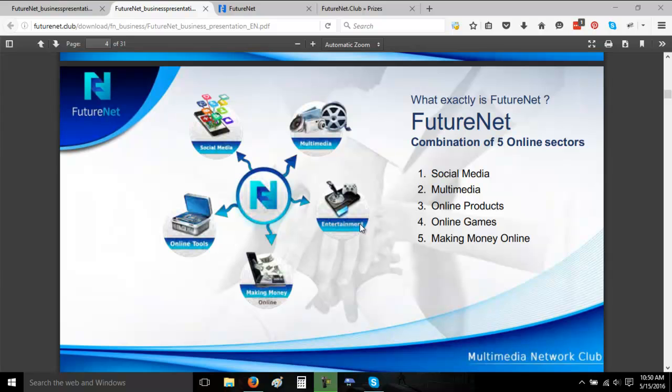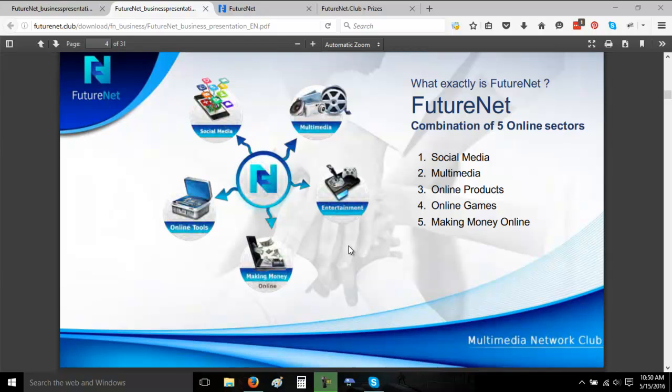They have an actual system for that too. There are several different products and services that they sell, and they use that money to pay its members. So that means it's actually a very stable company too, because it's not just paying its members from the advertising revenue that it makes, which can be a good amount of money as it is, but it's also paying from the products and services that it has as well.